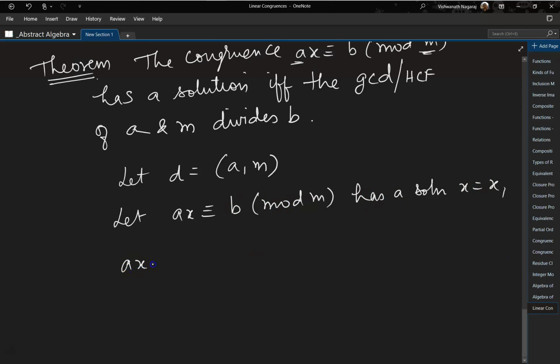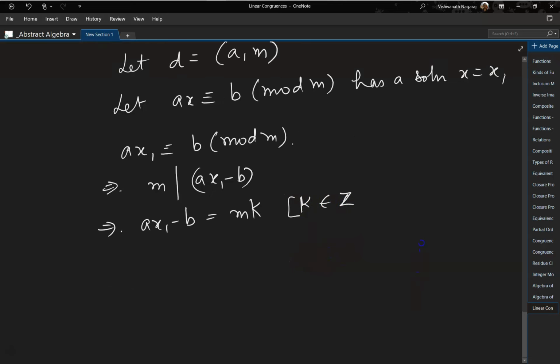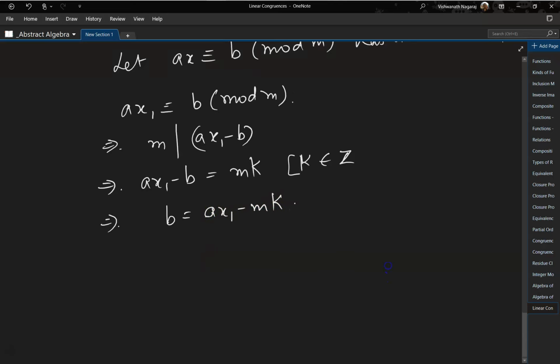Then in that case, we can write AX1 is congruent to B mod M, which implies M divides AX1 minus B, which implies AX1 minus B is a multiple of M, MK, where K belongs to the set of integers, which implies B is equal to AX1 minus MK.